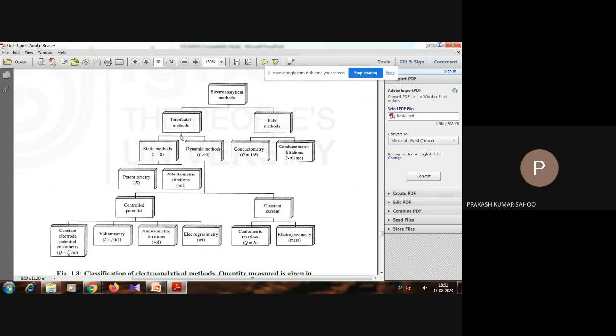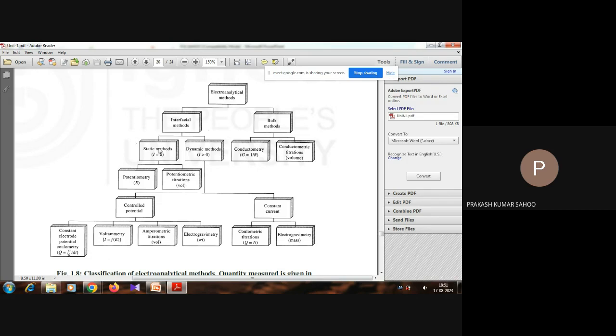The interfacial method is of two types, static methods and dynamic methods. The bulk method is of two types: conductometric, where G is the conductance, equal to the inverse of resistance, 1/R, and conductometric titration, which is by volume.